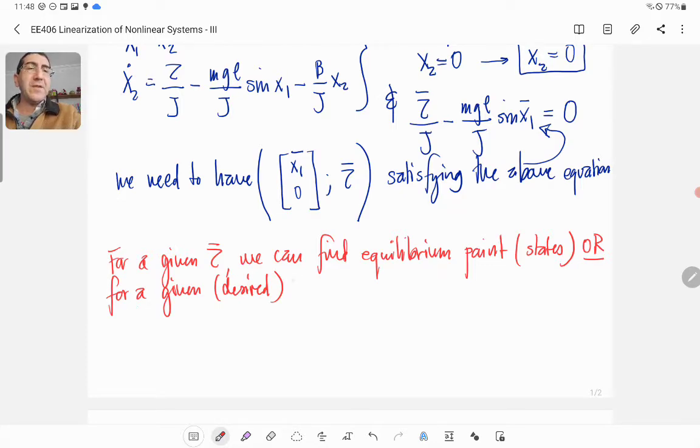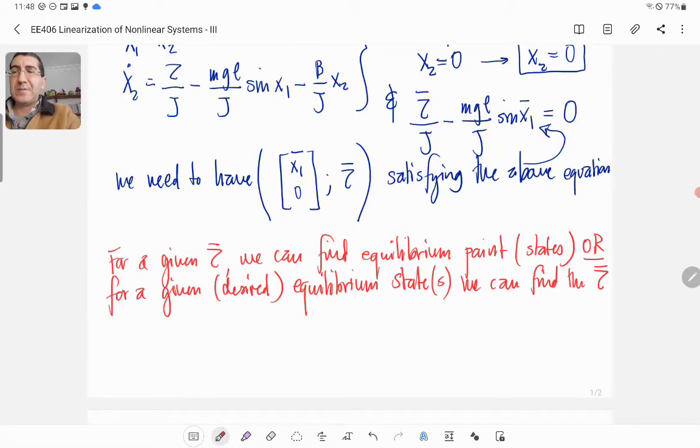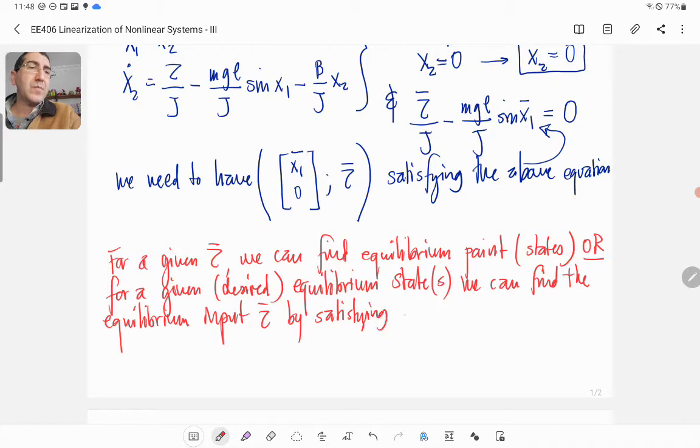For a given equilibrium state, or in this case states, because we have two of them, we can find tau bar, the equilibrium input, by satisfying the above equation.